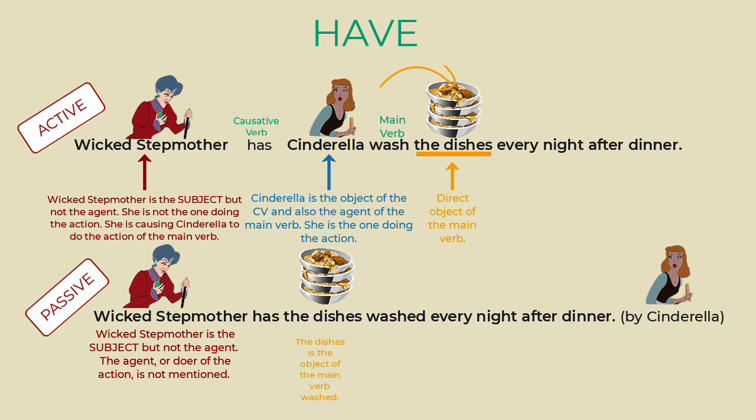However, she is not the one doing the action. We don't know who the agent, the one performing the action of the main verb is. It's implied with the by phrase. We know it's Cinderella, but it is implied. The causative verb has can be in any tense, but the main verb is always in the past participle form.